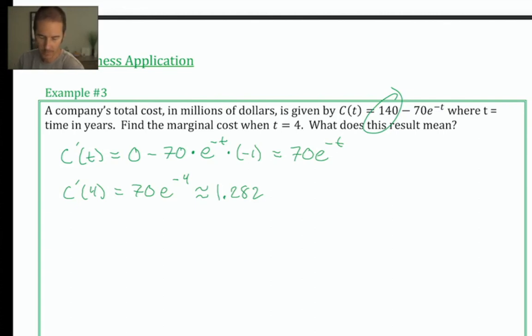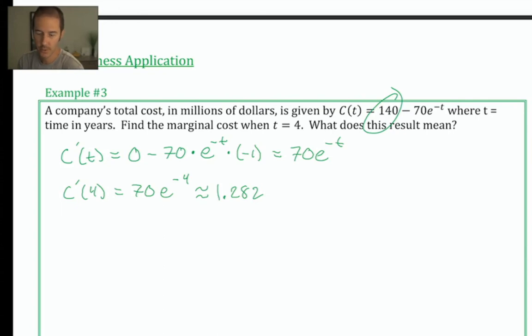All right. But for the moment, what this means is that the marginal cost of production is going to increase by $1.282 million on your way from the 4-year mark to the 5-year mark. So maybe the company is growing, producing more items.